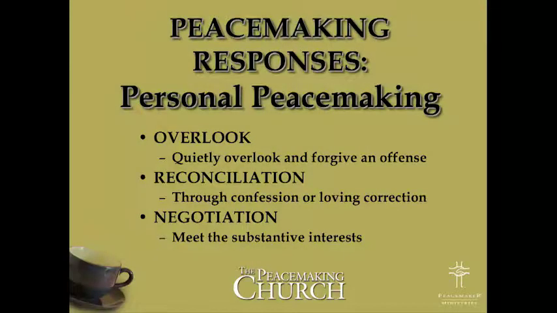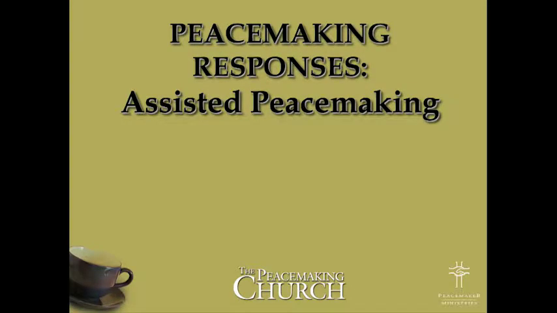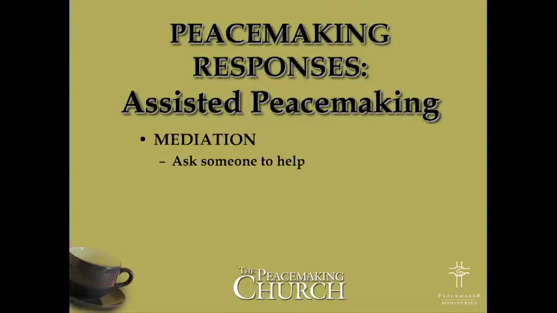Now, if this does not work at all, then you might need assistance from another person or a group of people. So we call this the other side, assisted peacemaking. If personal peacemaking cannot work, it's not viable, then assisted peacemaking is the next step to take. The first one is mediation between two parties.